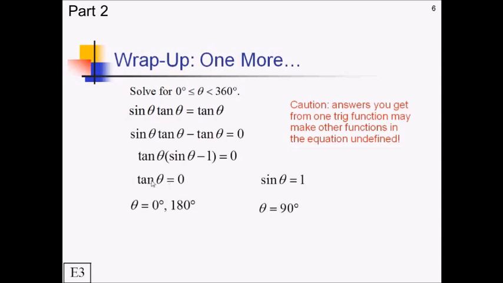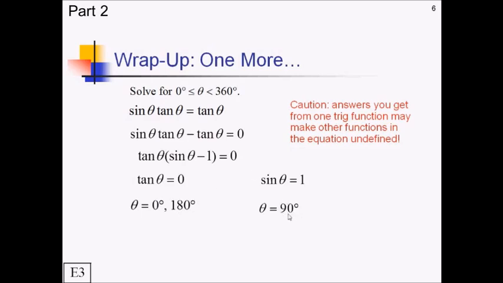Tangent, cotangent, secant, and cosecant all have the potential of being undefined when you plug in certain values, because again, they're made from ratios. So anything you get from tangent itself is going to be okay as far as tangent is concerned. It wouldn't be able to return something that made its own self undefined.